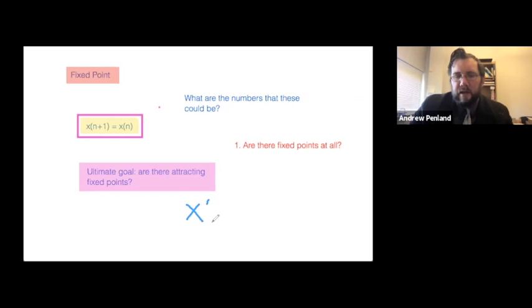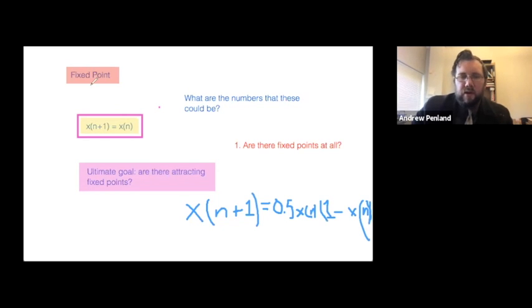We're going to set up x of n plus 1 is equal to 0.5 x of n times 1 minus x of n. So we're writing down our original equation. And then the key is that if this property holds that x of n plus 1 equals x of n, we can drop the n. These are the same.